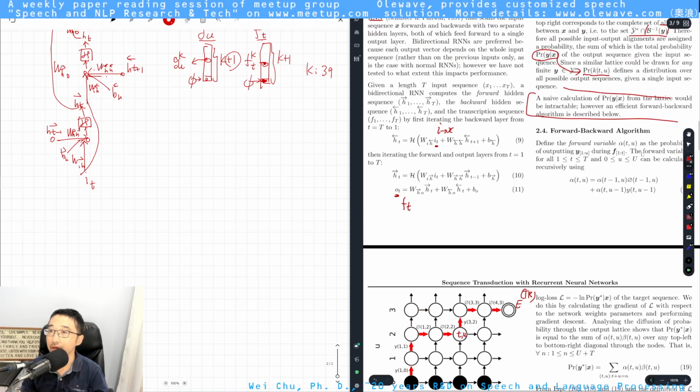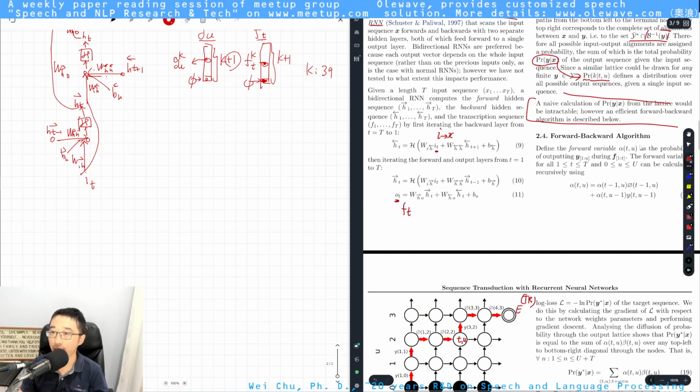First of all, he started to talk about the forward and backward algorithm. First of all, he defined the forward variable. Sometimes people call that forward probability. I think Dr. Graves here was more accurate. I think forward score. Sometimes you can call it forward score. I used to call that forward score because it is a score. Using the word variable, I think it's not a good term, but it's okay.